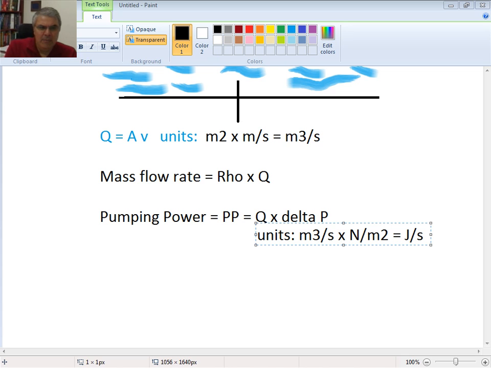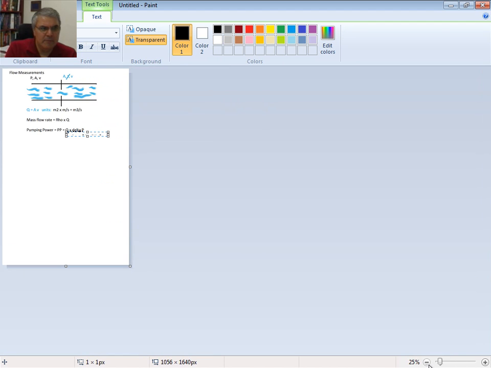Okay, so how can we calculate the velocity? We can do that in multiple ways. We can use any type of pressure measurement. Let me bring this back up. Something happened here.